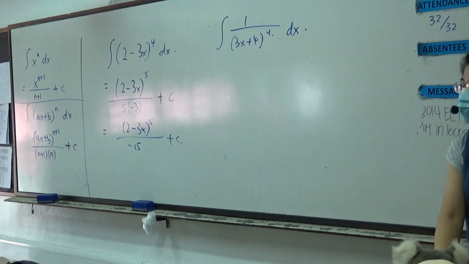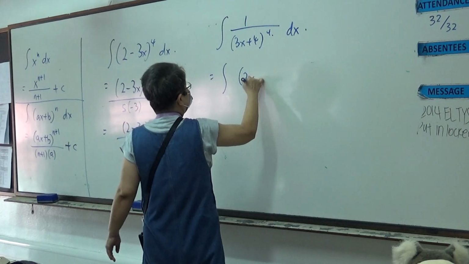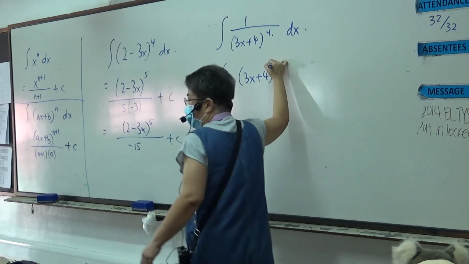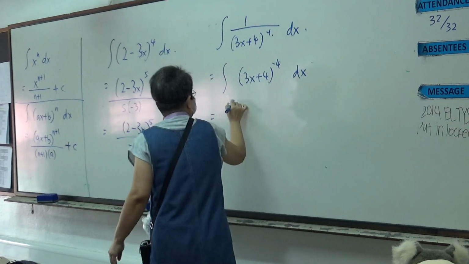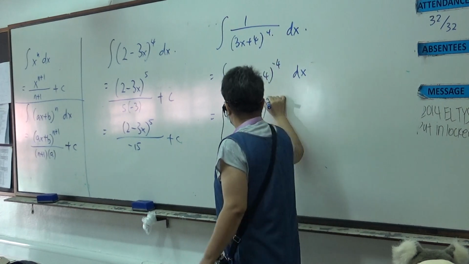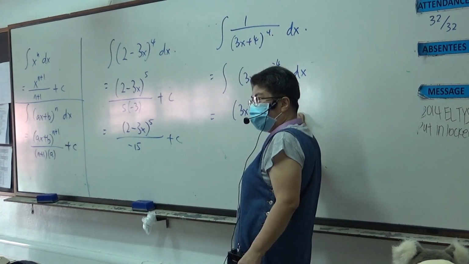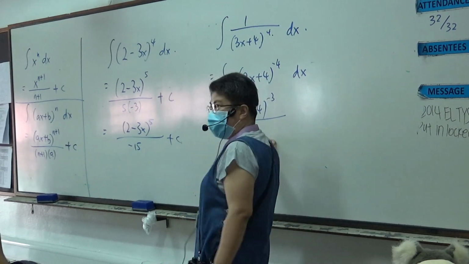Now, this one, of course, cannot do first. Okay? I got to rewrite this first. What will this become? Negative 4, right? If I rewrite. Okay. If I increase this one by 1, I will have negative 3, right? Because negative 4 plus 1 is negative 3. So I will divide by negative 3, right?